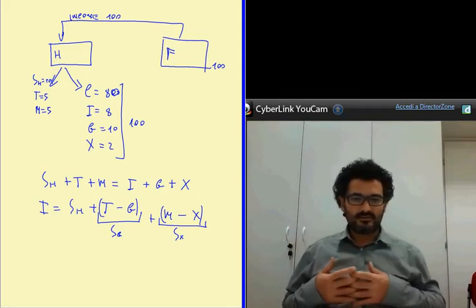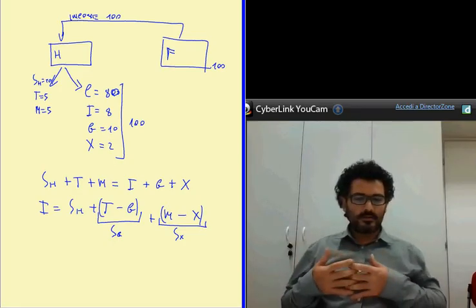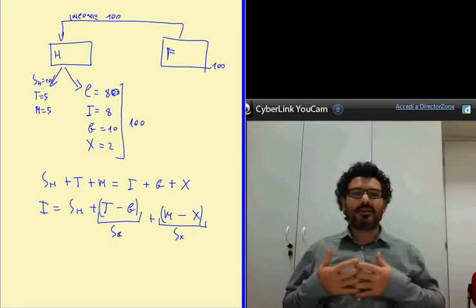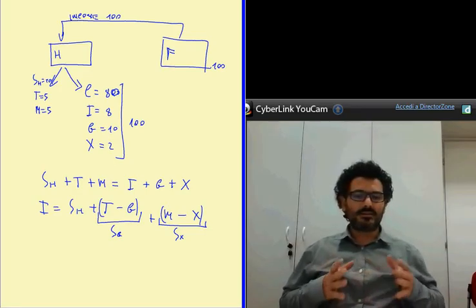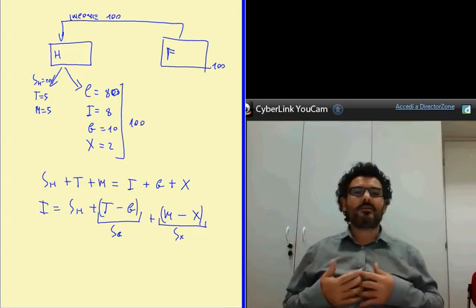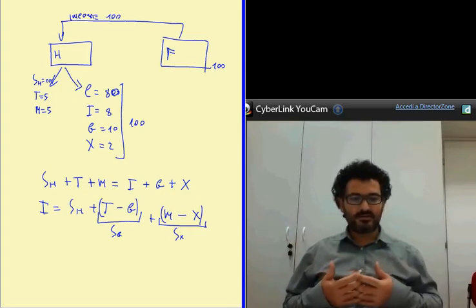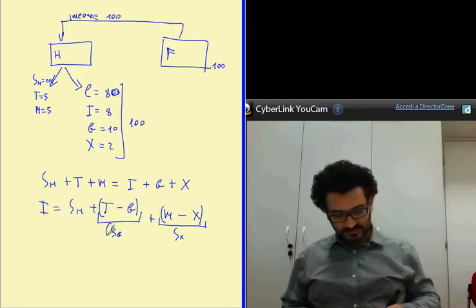In this case, if this is positive, this means that we have a deficit in trade balance, because trade balance is the difference between exports and imports. If it's negative, we have a surplus in this trade balance. The same applies also to government.